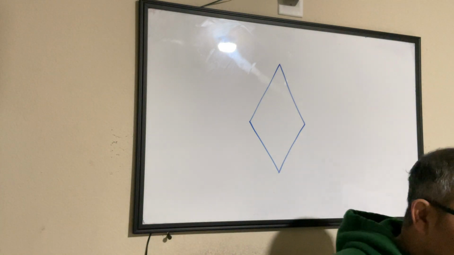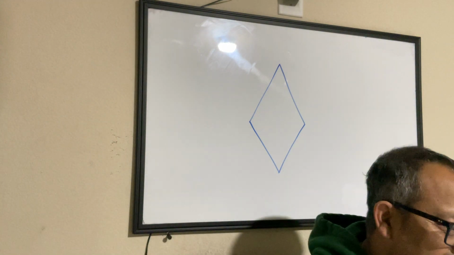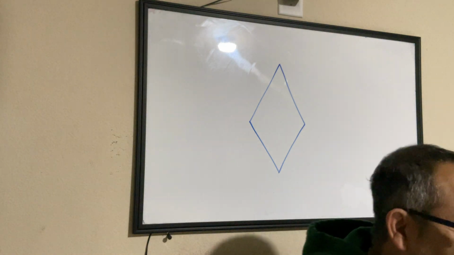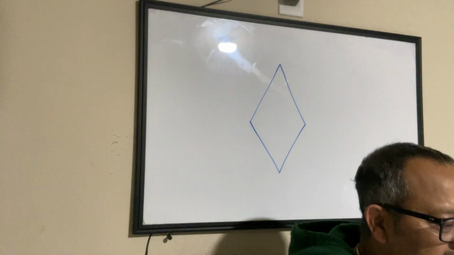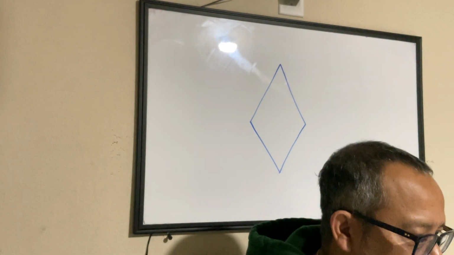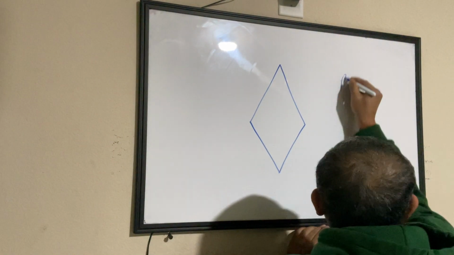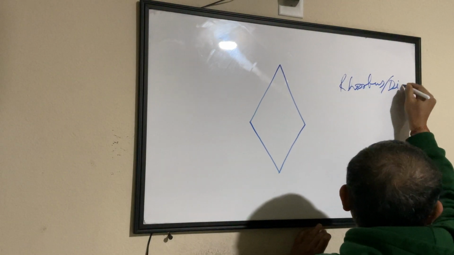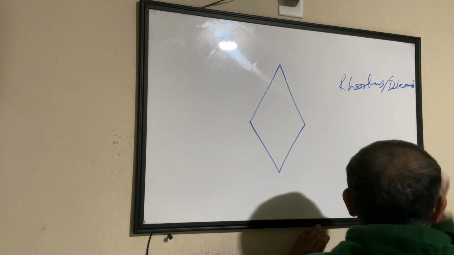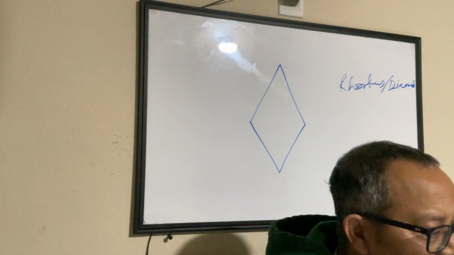I mean, diamond is not the wrong answer, but it is called rhombus. Mathematically we call it rhombus. Rhombus and diamond are the same thing, but you will not see people saying diamond, they will always say rhombus.